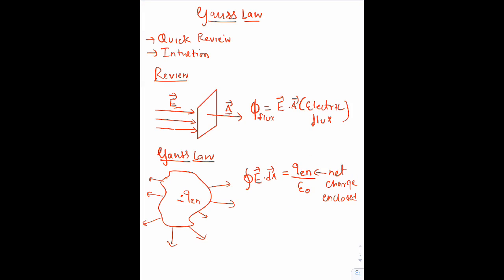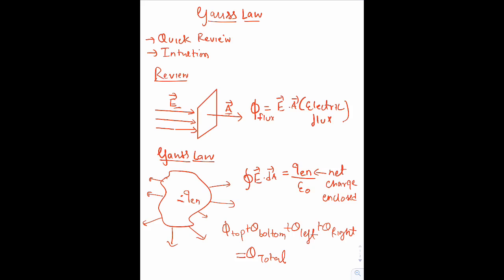Coming back, I add the flux from the top, the flux from the bottom, the flux from the left, and the flux from the right, and I get the total flux.